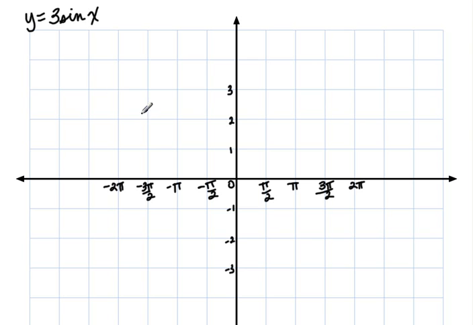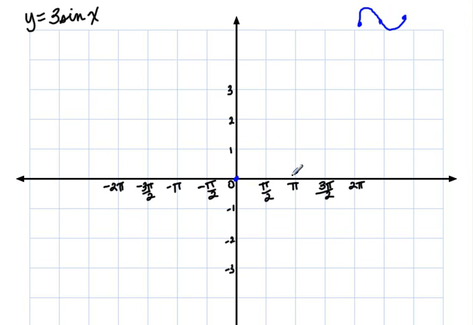So let me show you an example. If I wanted to graph by hand y is equal to 3 times sine x. Well, what are the zeros of sine x? Do you remember my period of sine x? It looks like this, right? We have zeros at 0 and at pi and at 2 pi.